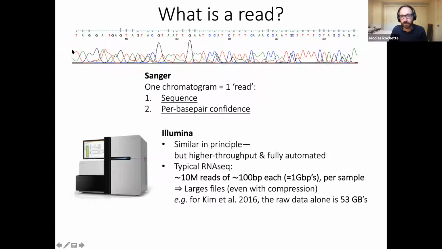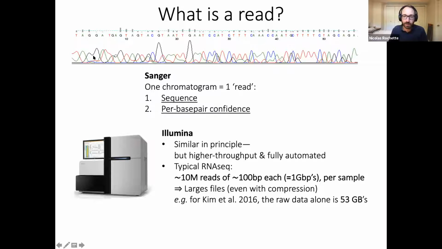In Sanger sequencing, and the same in Illumina, these are fluorescent bases. So for instance, if we see red, it's going to be a T. If we see a lot of green, it's going to be an A, and black is going to be G. In some cases, it's going to be clear which base we have at which position.